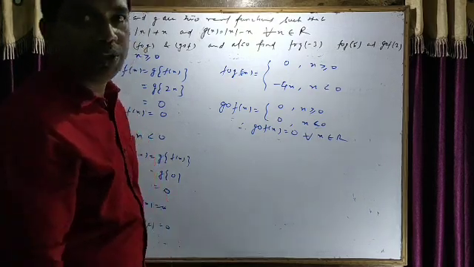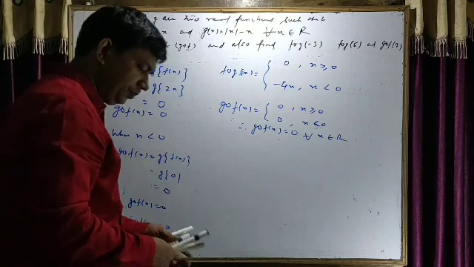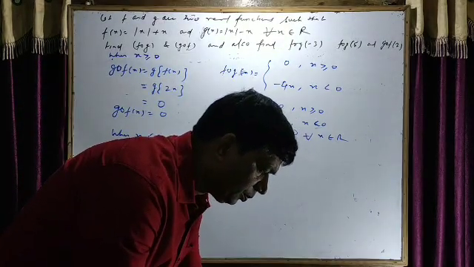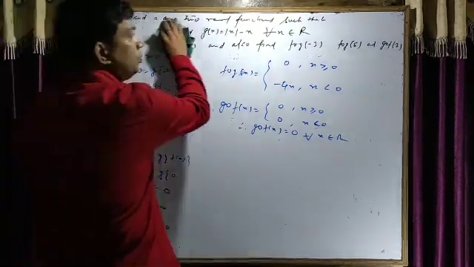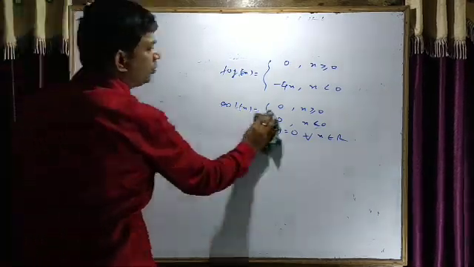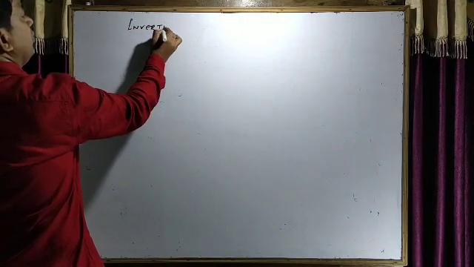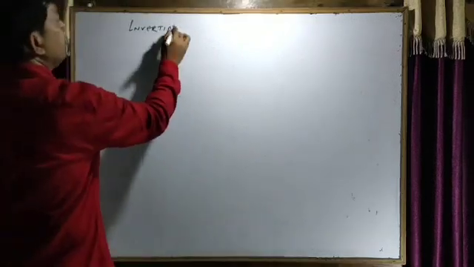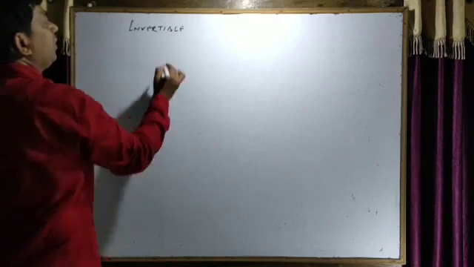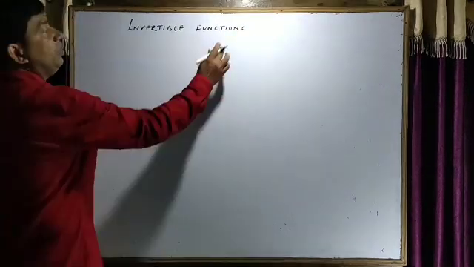The function which is 1 1 and onto is called bijective function, and bijective function is always invertible.